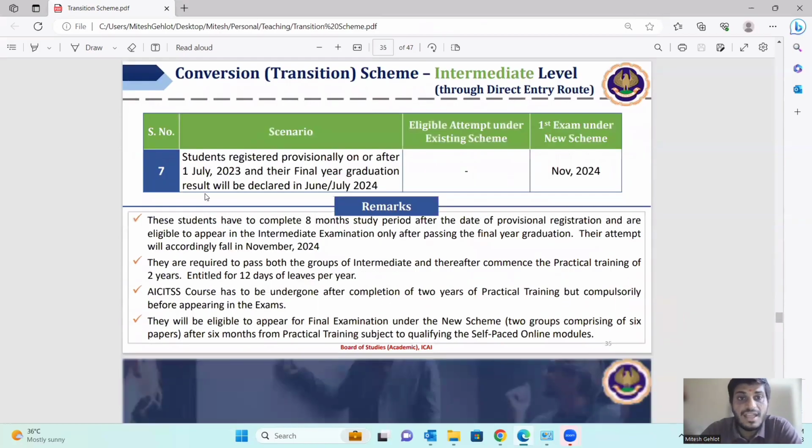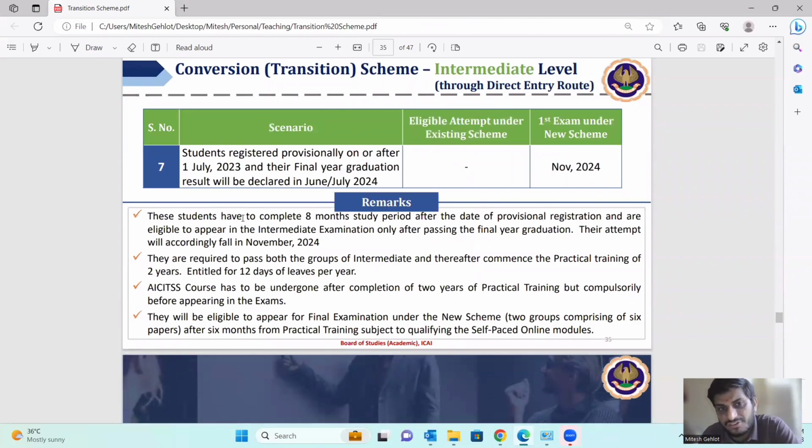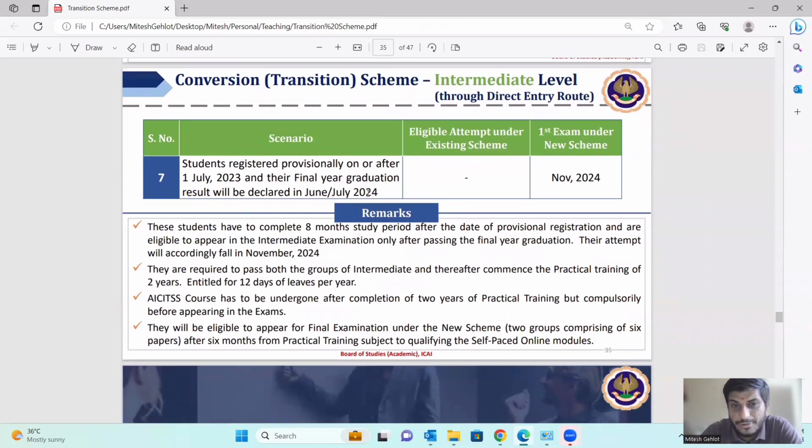Now, any students who are registering provisionally on or after 1st July and whose results are going to come in June or July 2024, in the sense next year. Suppose you are in the last year of your college and you are registering today as provisional, and next year only you are going to get your results. So what will happen? Your first exam you will be eligible to attempt is in November 2024, because those students have to complete 8 months study period after the date of provisional registration and become eligible for the intermediate only after passing the final year graduation.